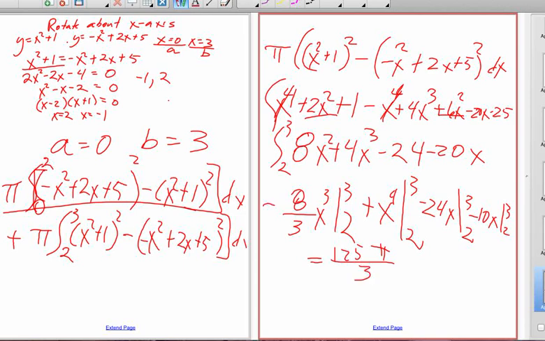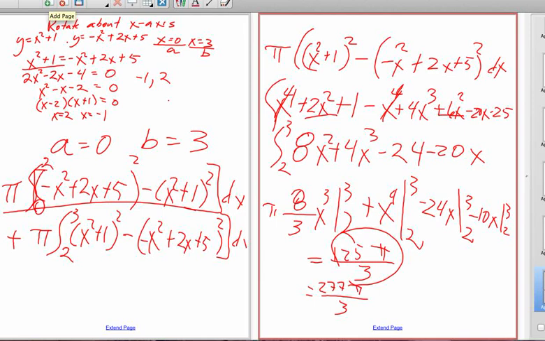Remember, I have a pi out on the end of it. And then we add the two together, this 125 pi over 3, plus the 122 pi over 3 we got from the other one. You ended up with 277 pi over 3 is your volume.